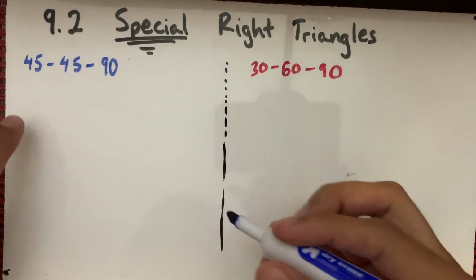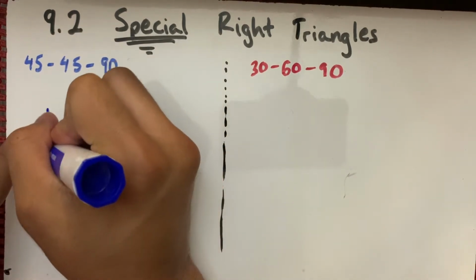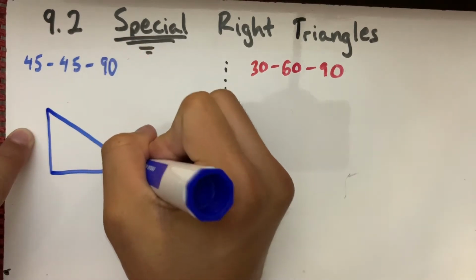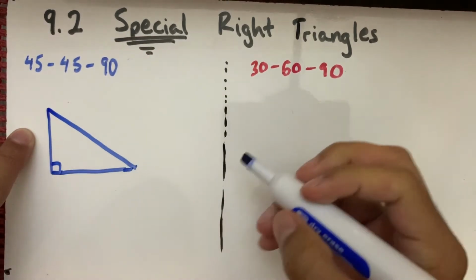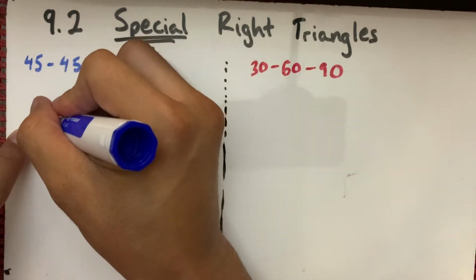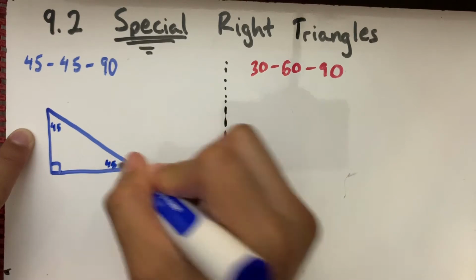So the 45, 45, 90 triangle is going to look like this. It's going to be a right triangle, obviously. So this is a right triangle, and that's the 90 right here. This angle is going to be 45, and this angle is going to be 45.